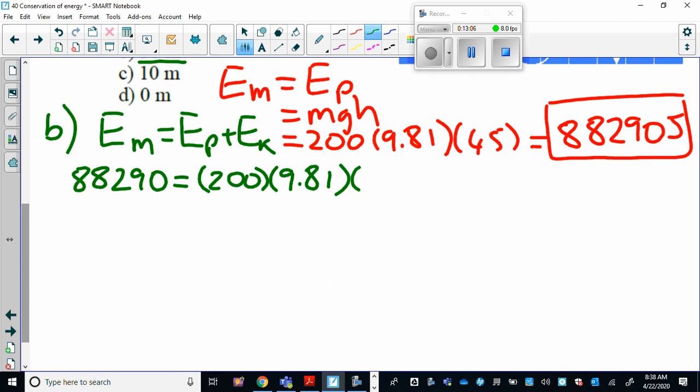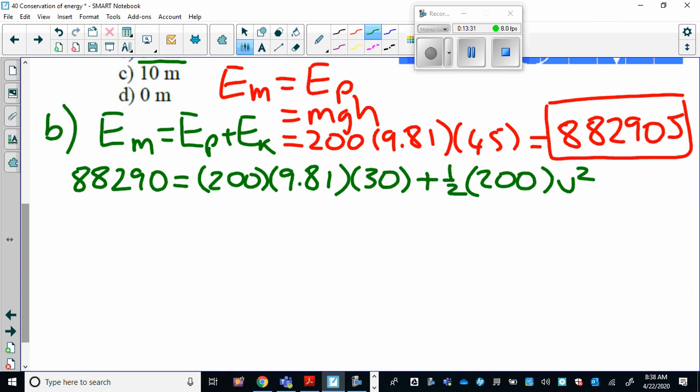And this time, now it's at a height of 30 meters above the ground, plus 1/2 times the mass times the velocity squared. We're solving for the velocity squared here. So in this example, I just plugged in the numbers. I'm going to solve for the velocity. You could have rearranged the formula if you want. I just don't think it's necessary in this specific example.